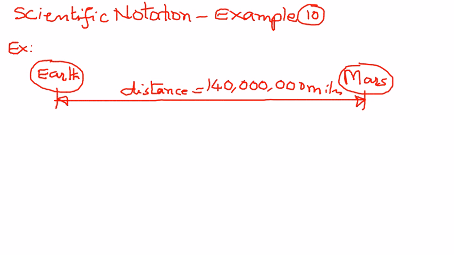And let us say there is a space shuttle, which I'll put as a vector here, and the space shuttle is trying to start from Earth and then travel towards Mars, and if the speed of this space shuttle is approximately 400,000 miles per day, that is a very, very fast speed.